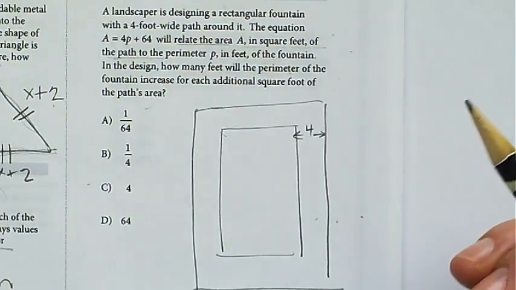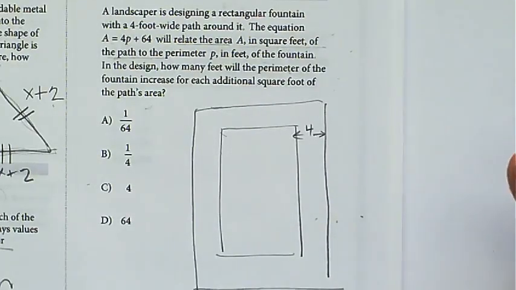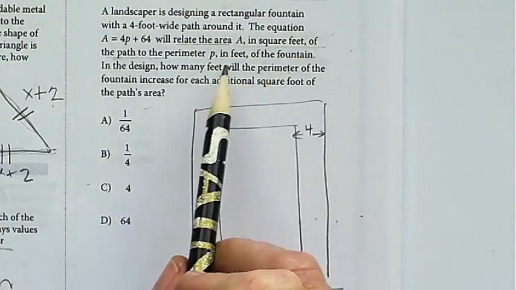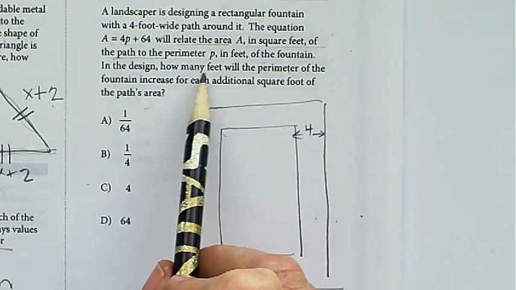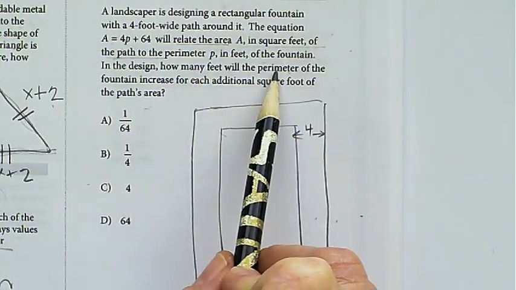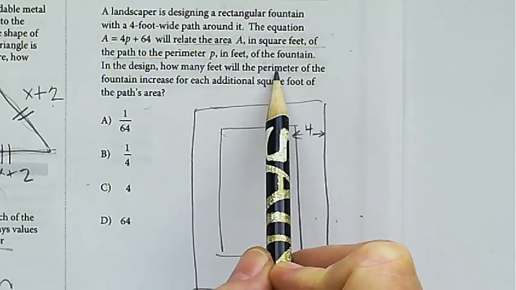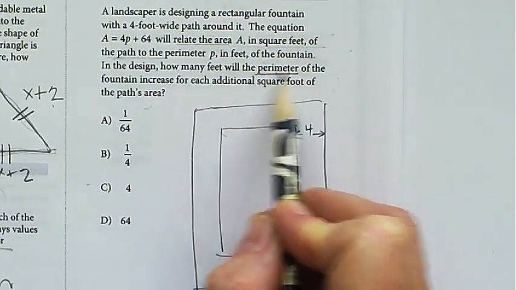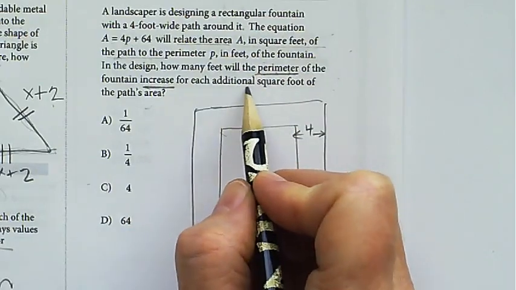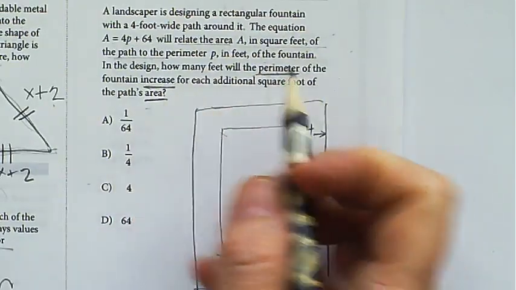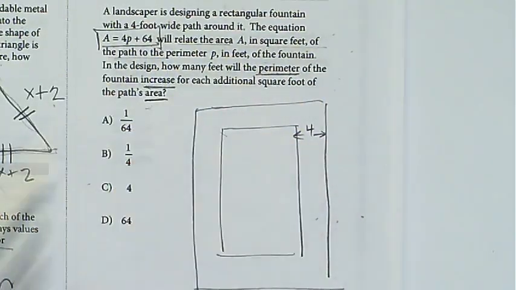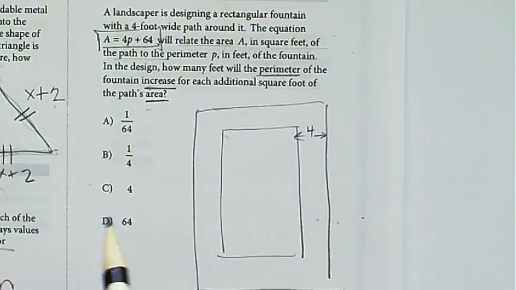I always draw things when I'm reading about a figure. They're asking me about how the perimeter is going to increase. How many feet will the perimeter increase for each additional square foot of area? So they actually want us to take this equation and make it an equation for perimeter.